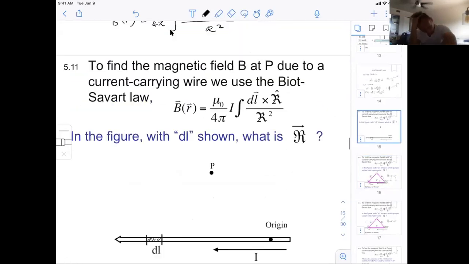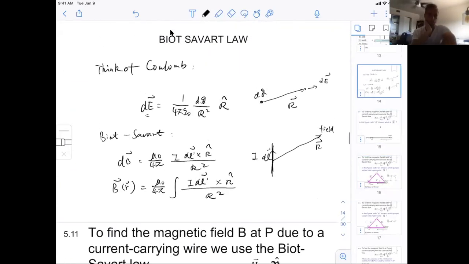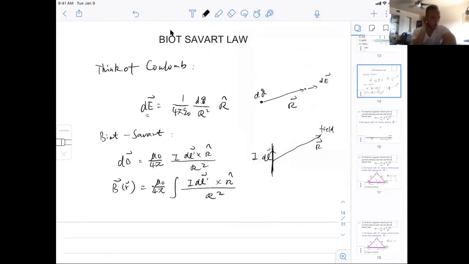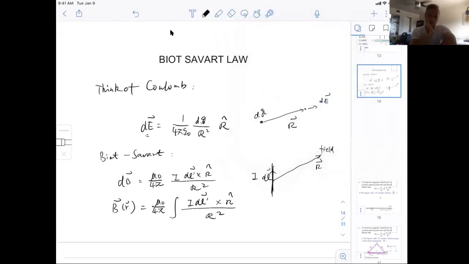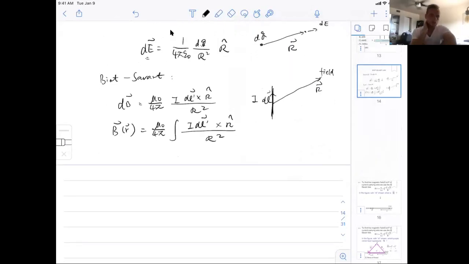Okay, so going back a little bit, I just want to add a little information on what these constants are. The constant mu naught over 4 pi is equal to 10 to the negative 7 Newton per ampere squared. And recall in electrostatics, we have epsilon naught, right? That is the permittivity of free space.